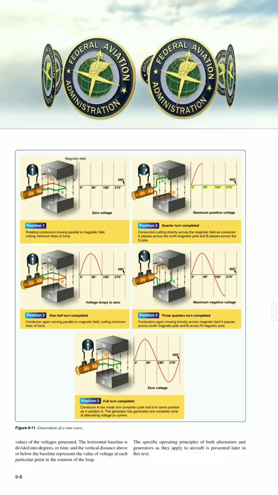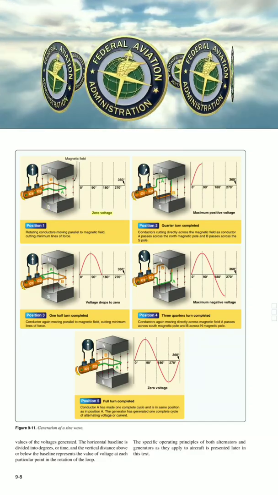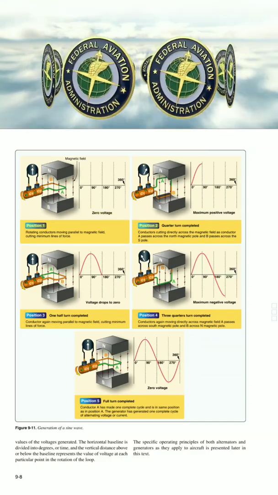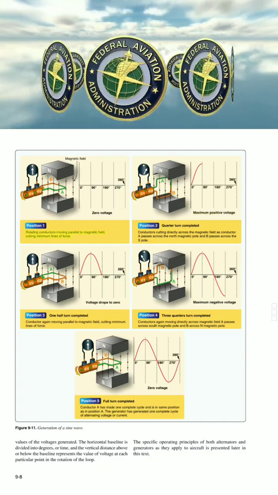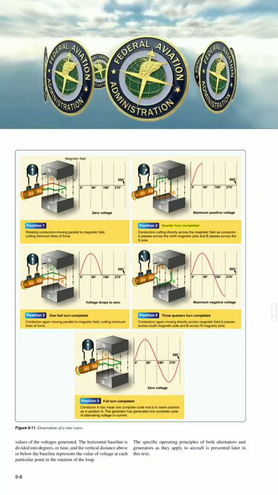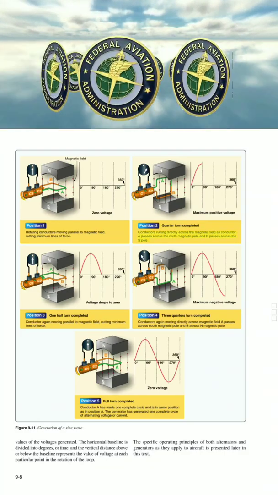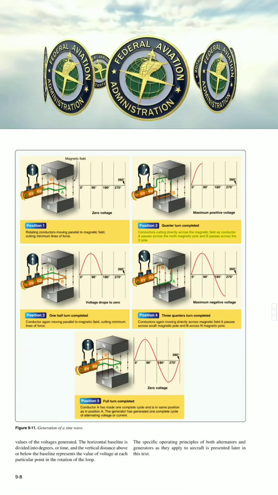Position 1: 0 voltage. Position 2: Maximum positive voltage. Rotating conductors moving parallel to magnetic field, cutting minimum lines of force. Quarter turn completed. Conductors cutting directly across the magnetic field as conductor A passes across the north magnetic pole and B passes across the S pole.